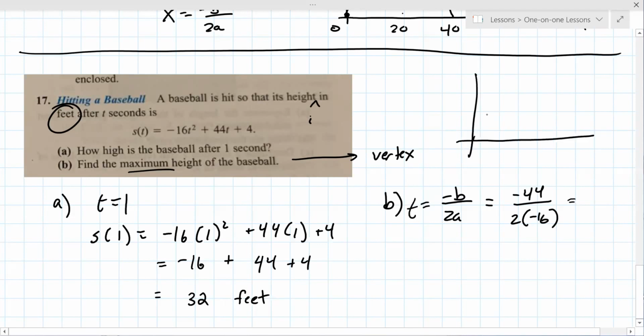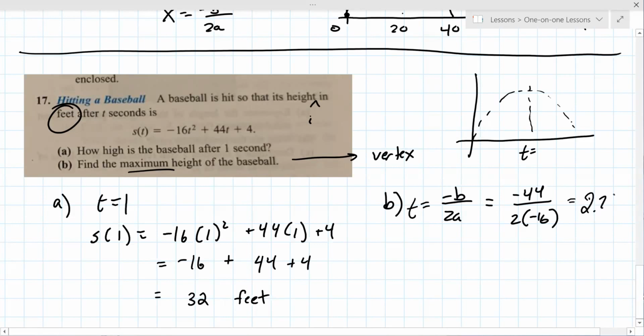There are two things they could ask for. The first is when does it happen, and that's what this is. And then the height is when you put that number back into the function. So you have to get this value out, minus 44 over minus 32, 2.75 seconds.